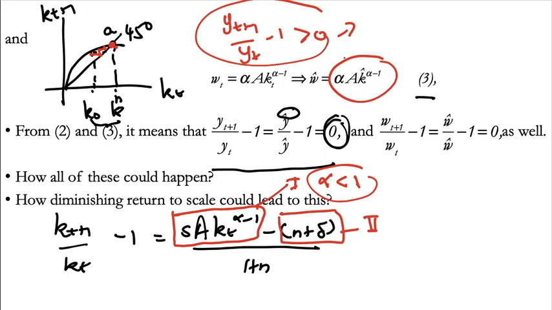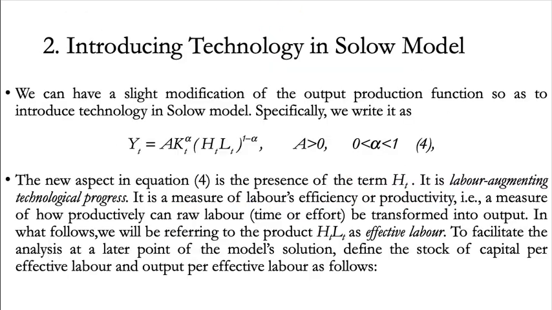Okay, so one possible suggestion for how to do this is by introducing technological progress in the Solow model. When I introduce technology in the Solow model, technology now becomes endogenous.